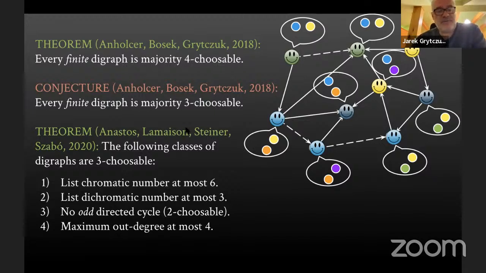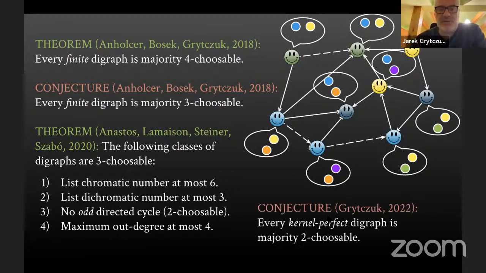This is a very interesting paper with all of these results, and there is also another result that I will mention in the next slide. But this fact with these odd directed cycles forced me to state a conjecture that maybe the same is true for kernel perfect digraphs.